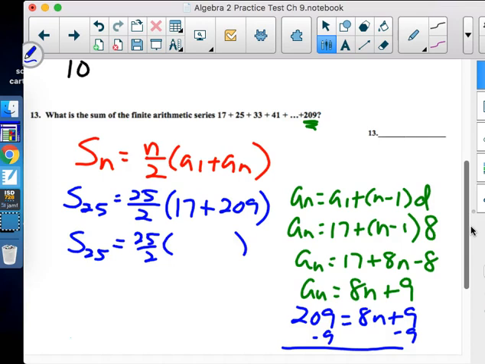So then maybe we do just punch it all in. But I would probably just add these in my noggin real quick and say, ooh, 9 plus 7 is 16. Carry the 1. That's going to be 226. And then punch it in. 25 halves times 226. 2,825.